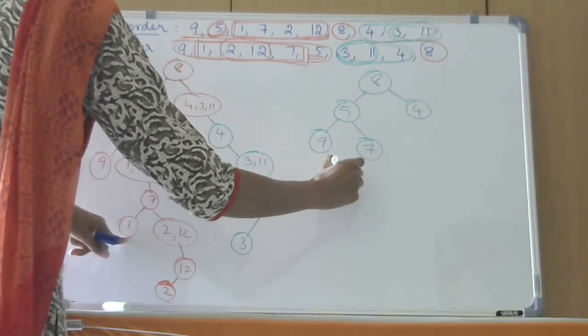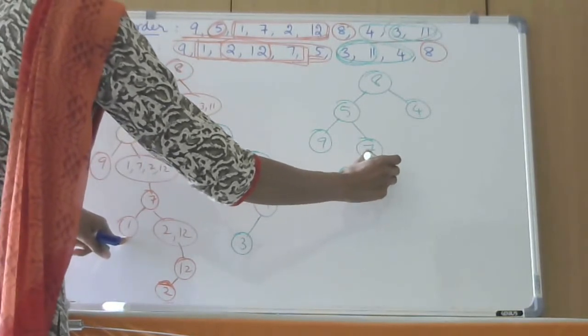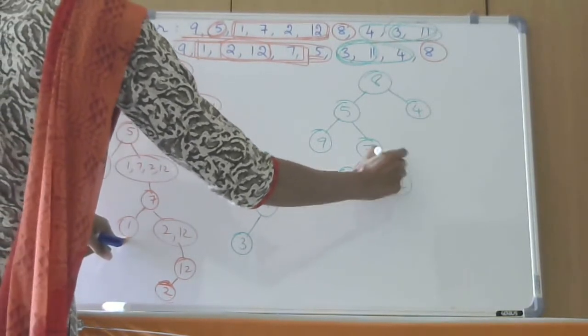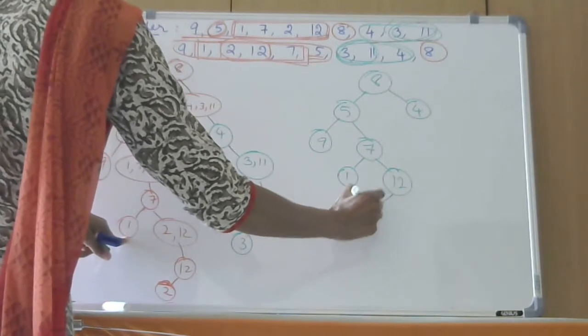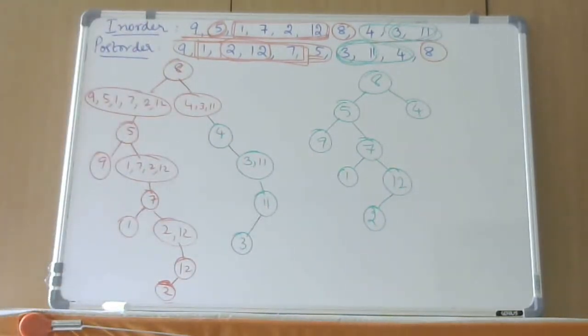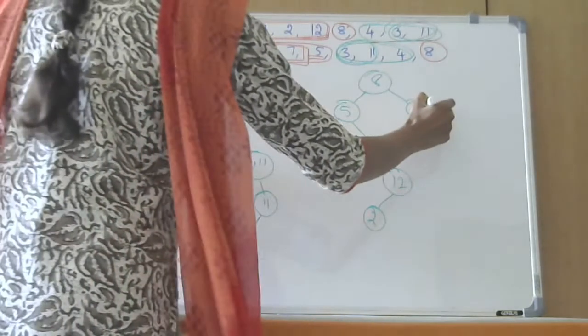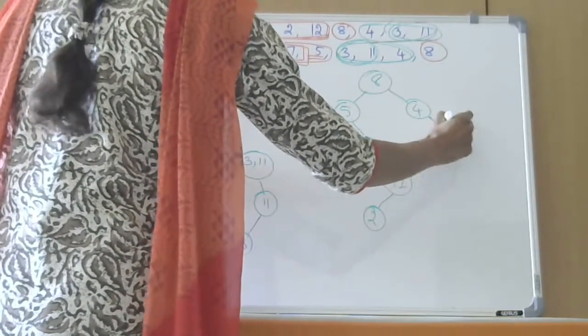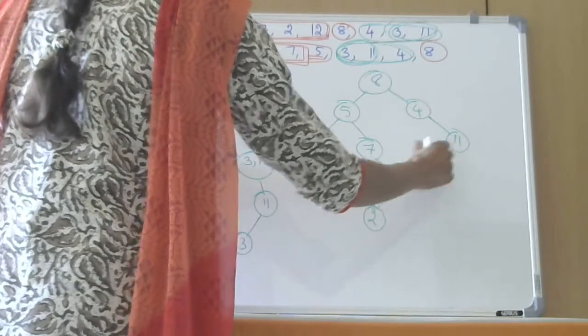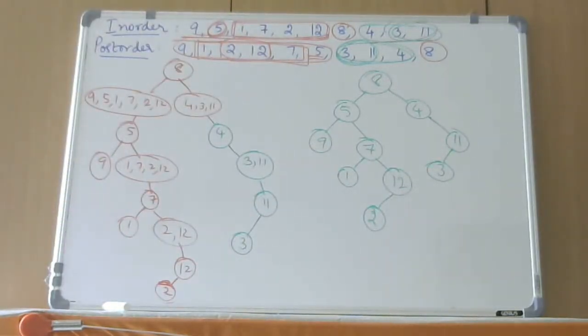Left of 7 is 1. Right of 7 is 12. Left of 12 is 2. That is your left subtree. Coming to the right side, 4. Right of 4 is 11. Left of 11 is 3. So this is the tree given the post order.